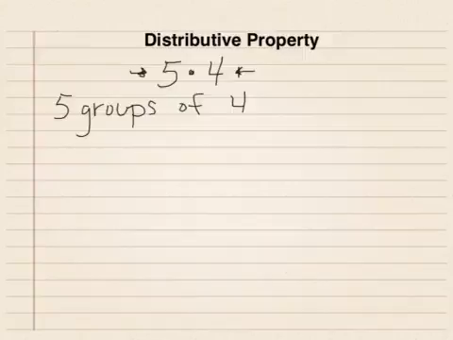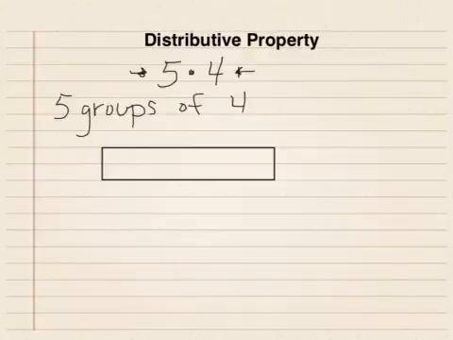And so we can represent this using a bar diagram. Then we're going to split this into 5 equal groups. And in each group, we'll see that I have the same amount, which is 4.